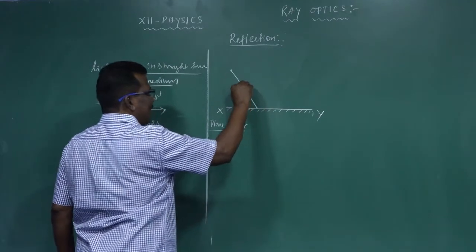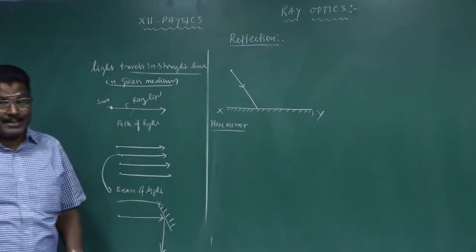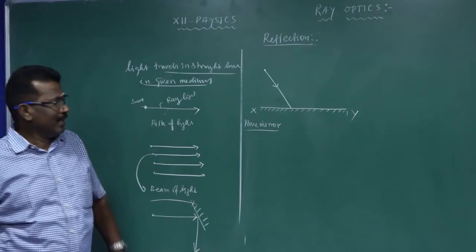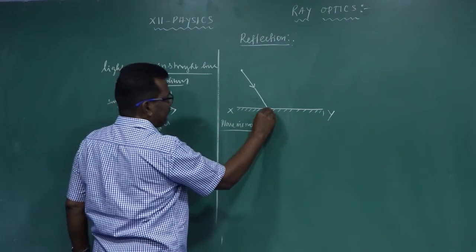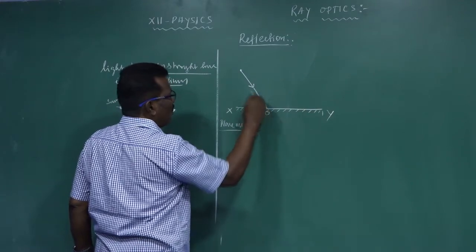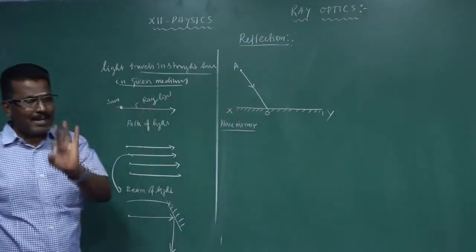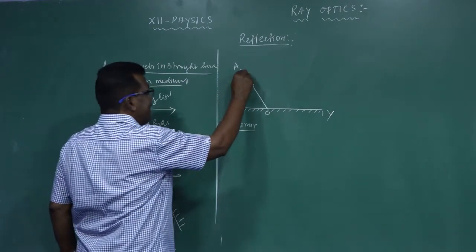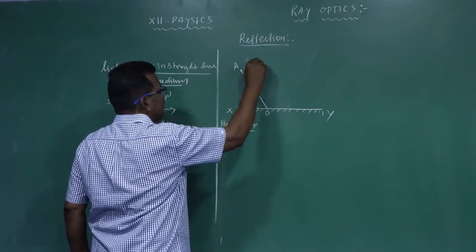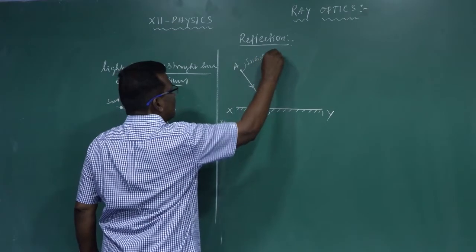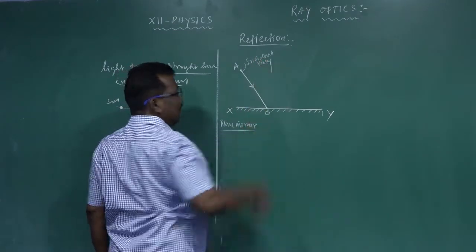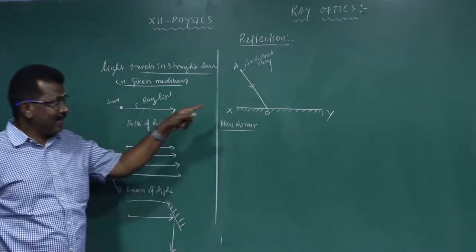This arrow denotes the direction of the ray coming from the source. It is incident at a point, suppose O. This is A. What is AO called? AO is called the incident ray.